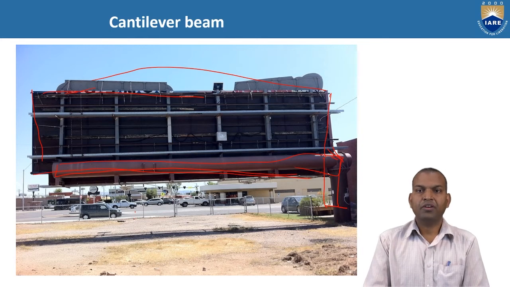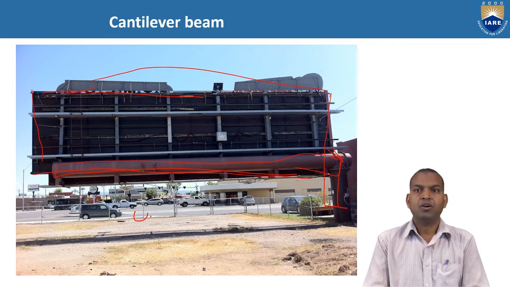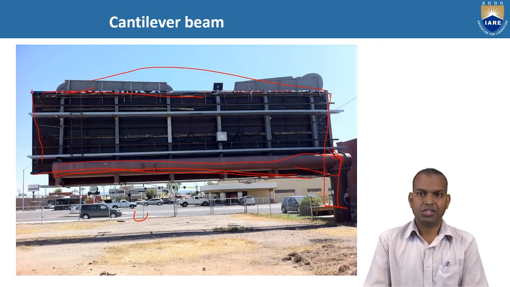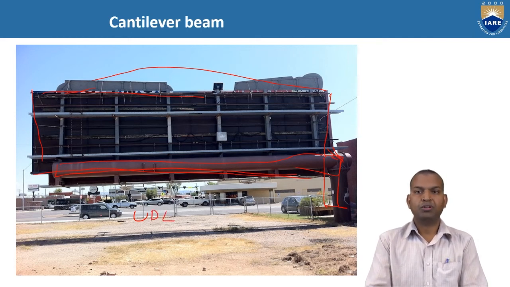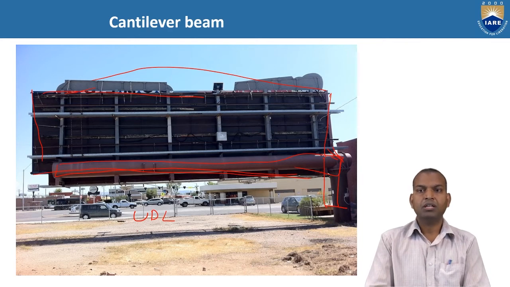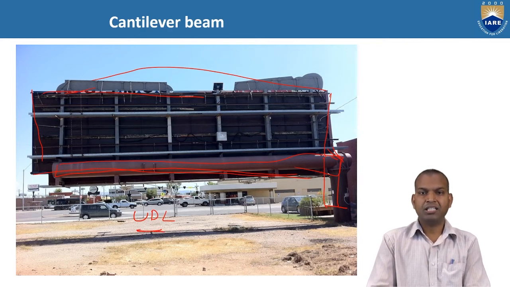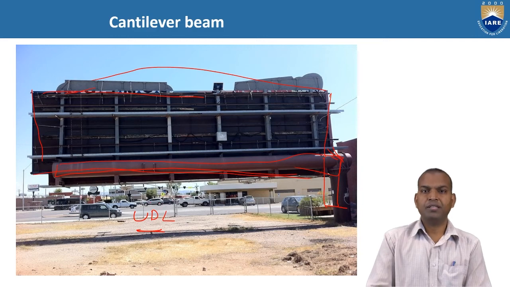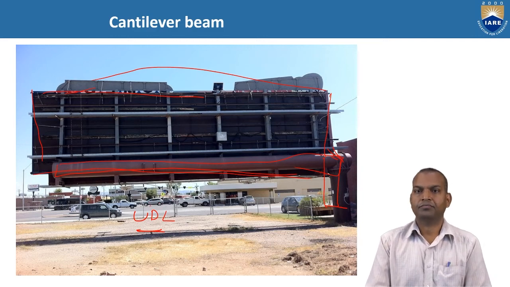That's why, for calculation of SFD and BMD of this real field cantilever problem, we have to assume this billboard load as UDL, uniformly distributed load. So this problem is a cantilever beam with uniformly distributed load problem.